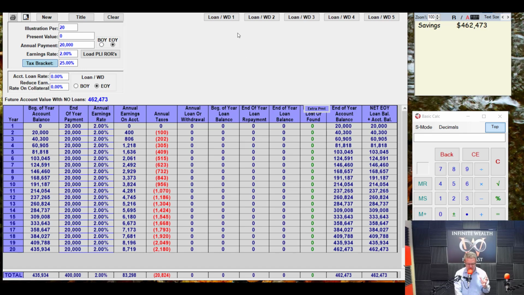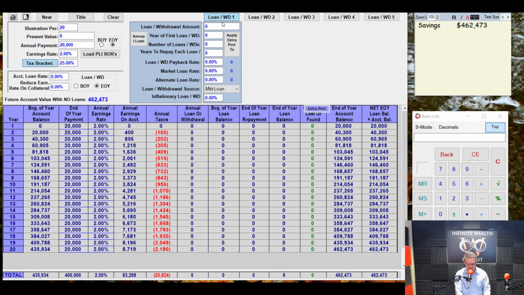Now let's say that you're going to pay for a down payment on a home. Let's say that down payment is going to be $60,000, and you are just going to withdraw that out of your account, and let's do that in year 4. What we did is we just took out $60,000 for a down payment on a house.